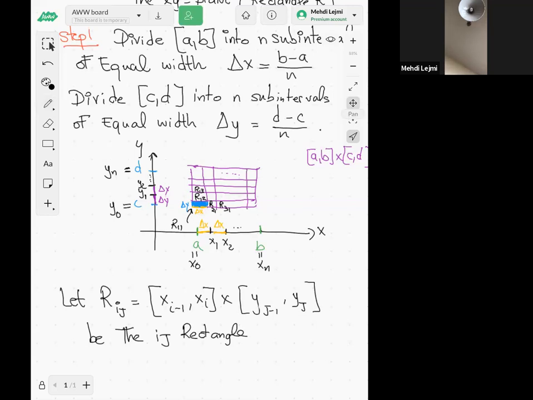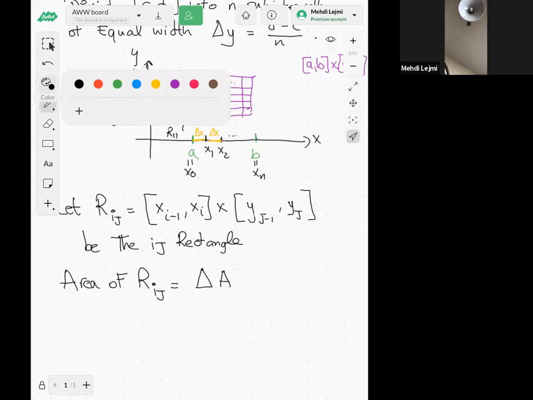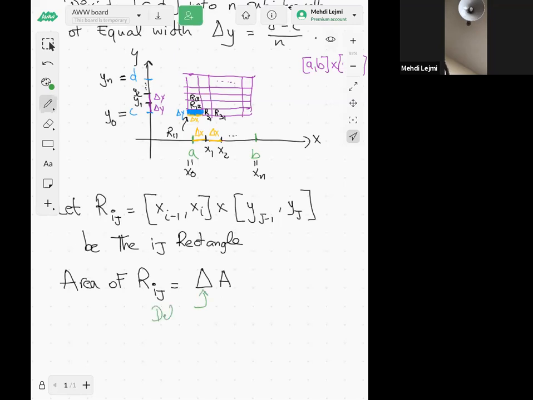Let's call this area delta A. Again, this is a capital Greek letter delta. So delta A is equal to delta x times delta y, the area of just a small rectangle. I'm going to call delta x times delta y the area element.